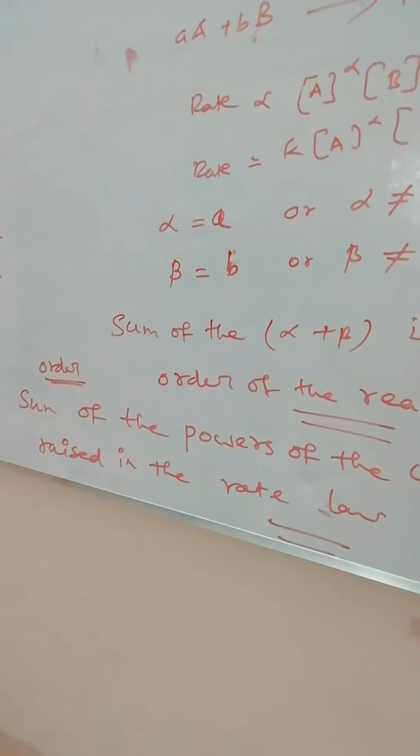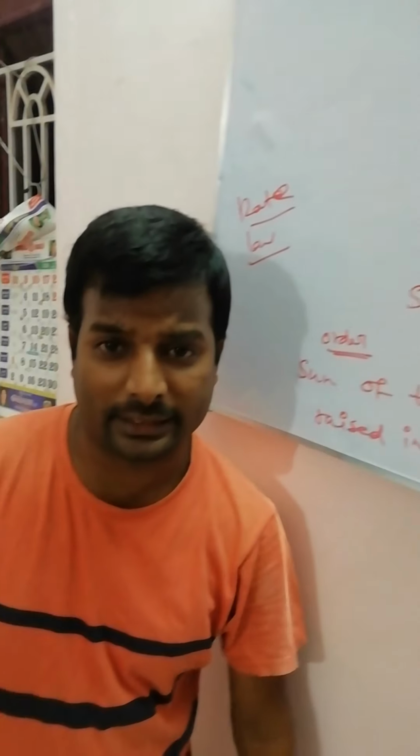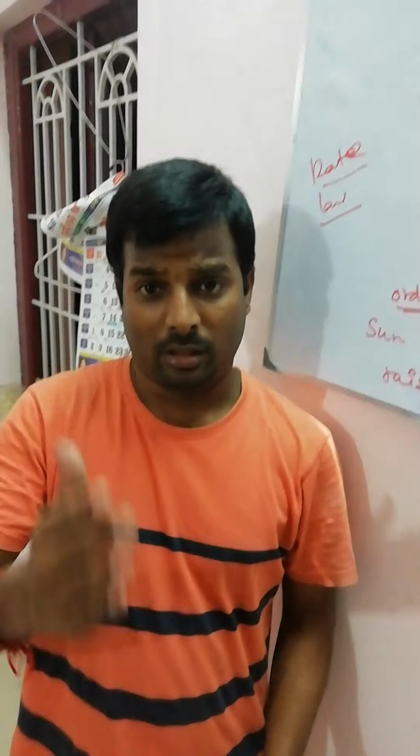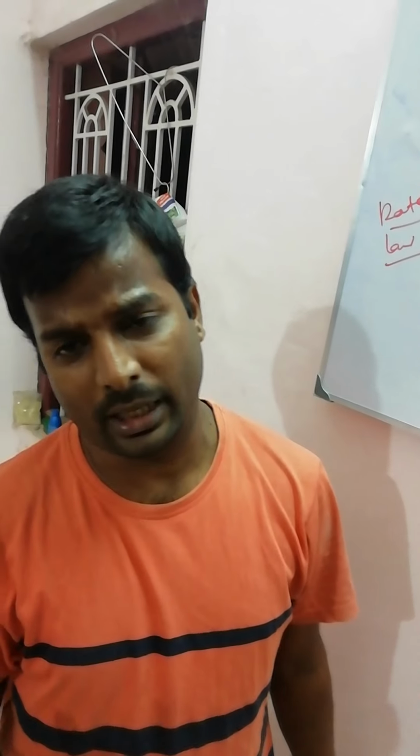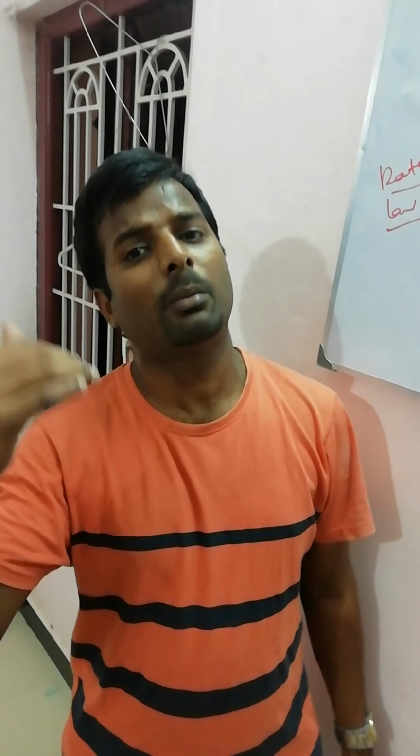We have to see an example for order, then only will it be clear. According to the law of mass action, the rate of the chemical reaction is directly proportional to the concentration of the reactant, raised to the powers of the stoichiometric coefficient. But doing like that, some problems come, for example ammonia, as I told you.